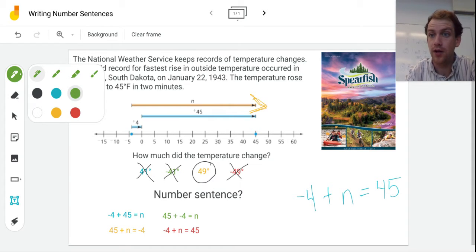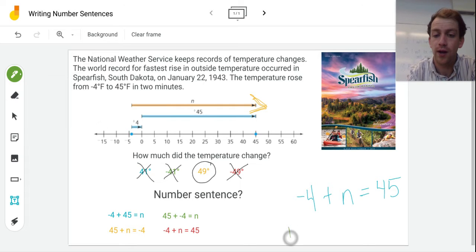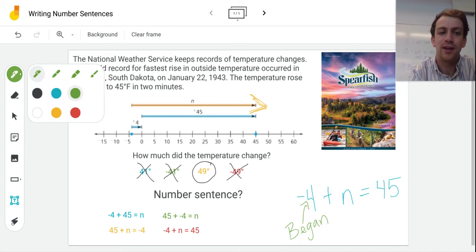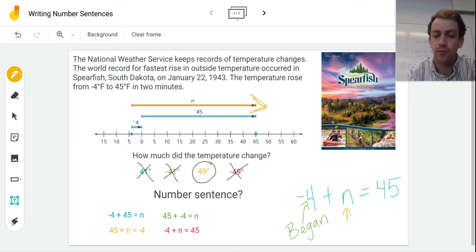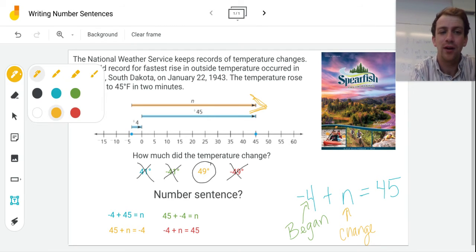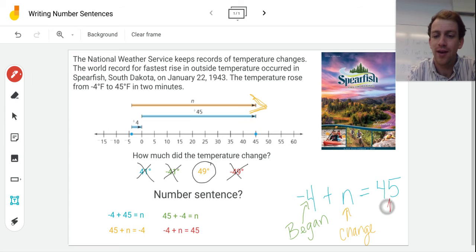The first number in a number sentence is going to be where it began. That second number, what we're adding, that tells us the change. And then whatever our number sentence equals, that's telling us where we are ending, or what the temperature is now.